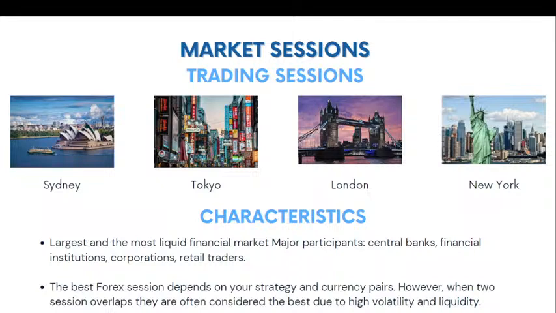These sessions are when these banks are open. When the Sydney banks are open, usually in their own time, it is around 8 a.m. to 5 p.m. When you're trading, they have different time zones, so you have to monitor these time zones when you trade. Let me say you could be trading US dollars, for example GBP US dollars.